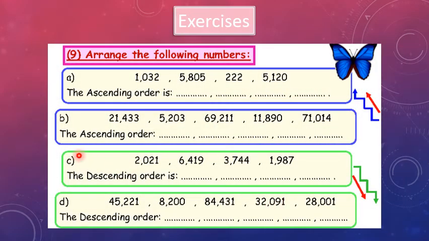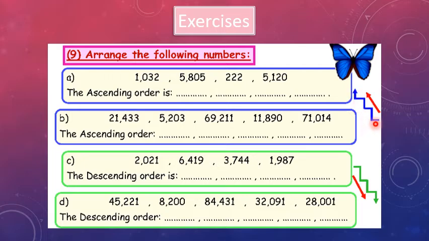Our exercise here: arrange the following numbers in ascending order and descending order. We will take the first exercise and the last exercise. To remember, ascending order means from the smallest number to the biggest number.